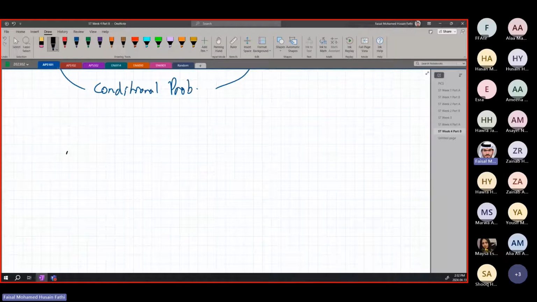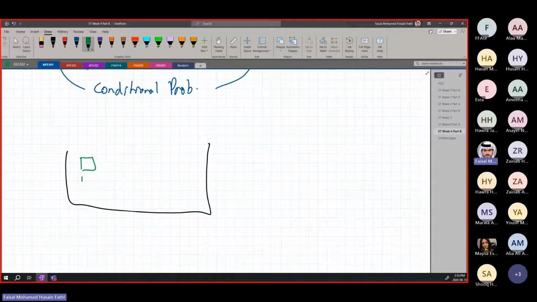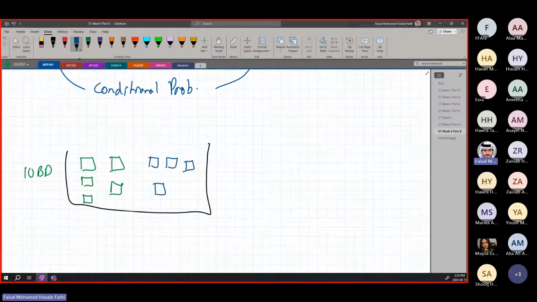We have a bag, all right? We have 1, 2, 3, 4, 5, 10 BDs, okay? The green boxes are 10 BD. And then we have 1, 2, 3, 4, 5, 6, 7, and this is the 20 BDs.